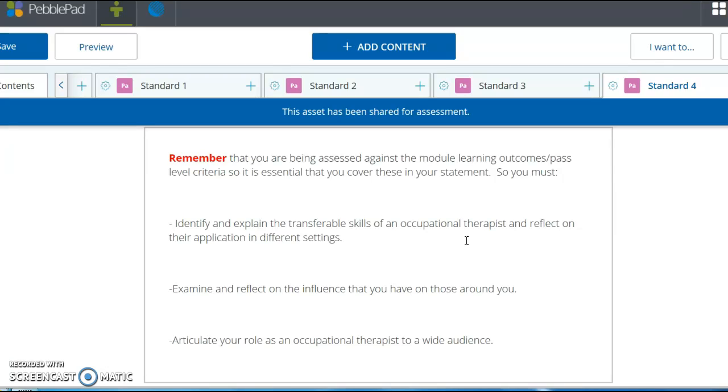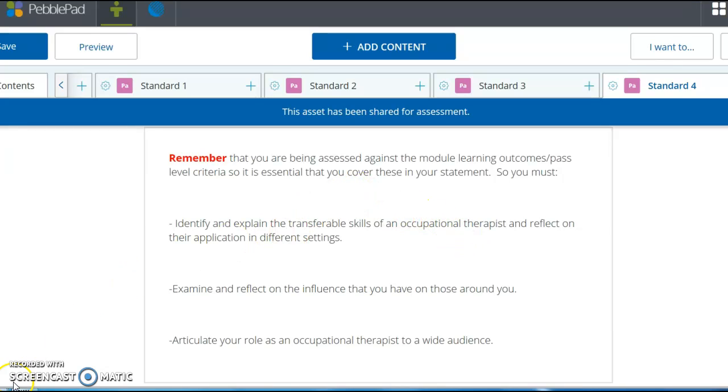So I'd have a green colour for the first learning outcome, a different colour for each learning outcome, and I would colour code it and go through and see where you've actually linked it to each learning outcome, and make sure you've got a good balance between them all. So that might be helpful, because I know it can be quite difficult writing about the standards and also weaving in the learning outcomes. So that's how I would do it.